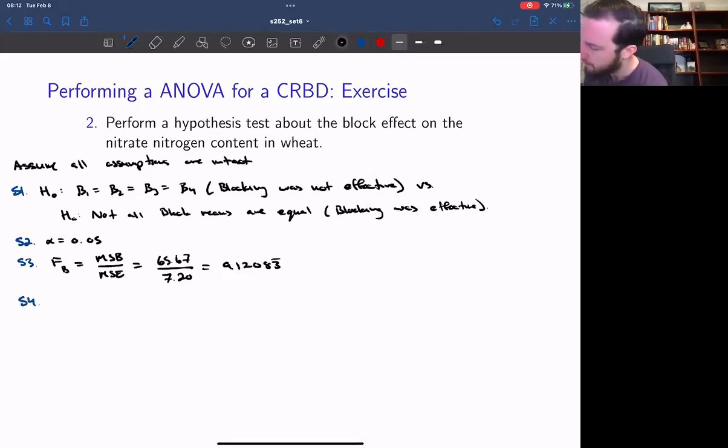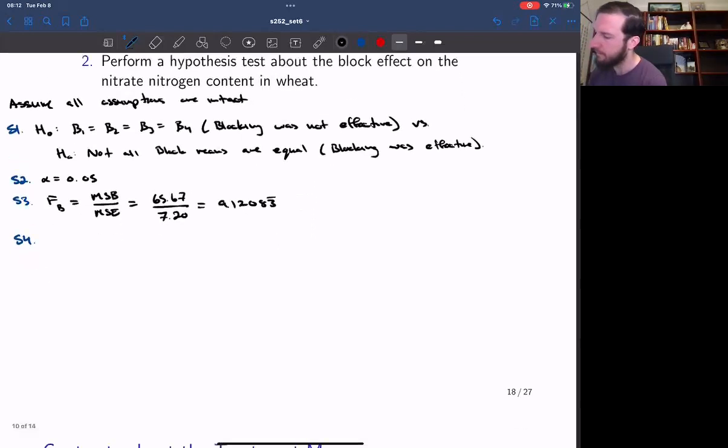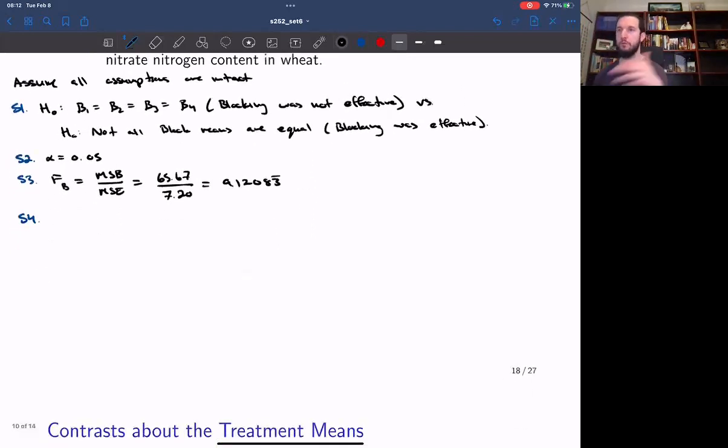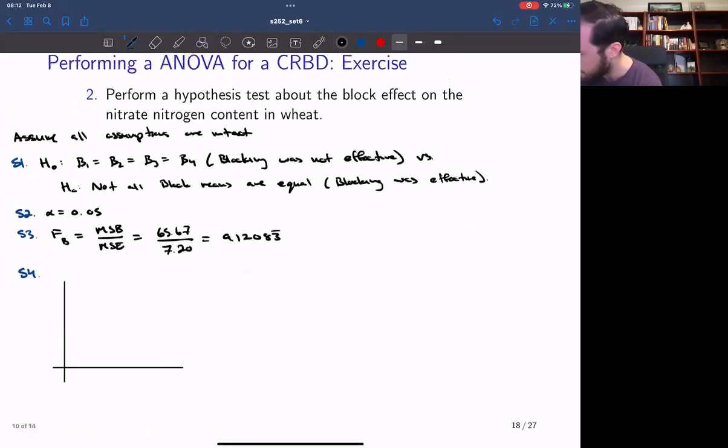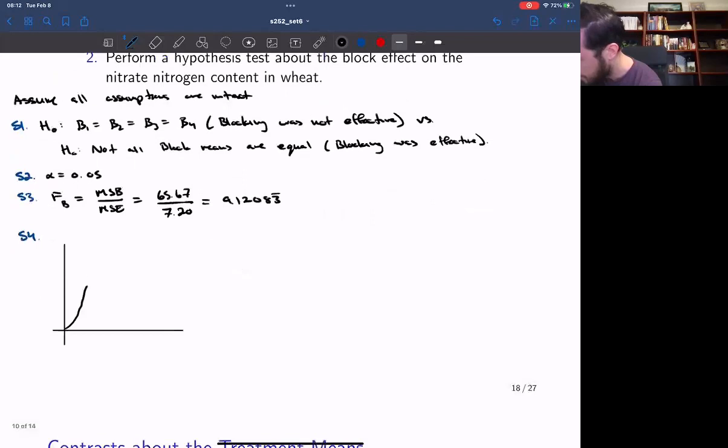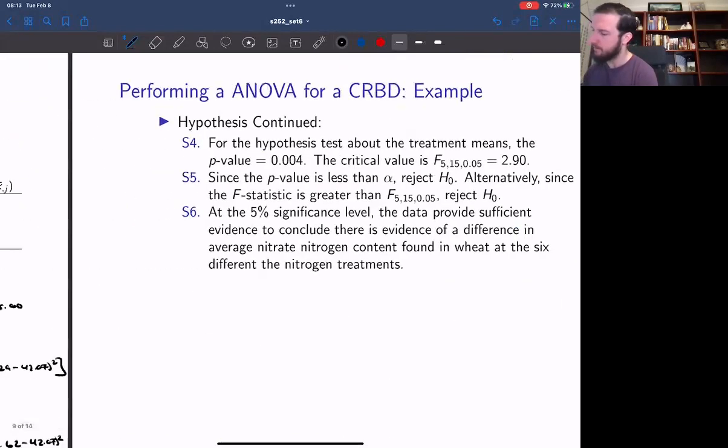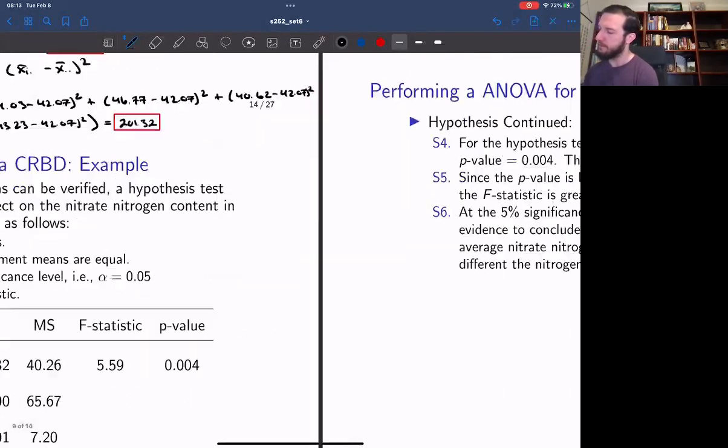All right. Okay, so then on step 4, we can take the p-value approach or the critical value approach. Probably have time just to get one of these done. All right, so this is an F test. So this is going to be an F on 0.05, 3, and 15.